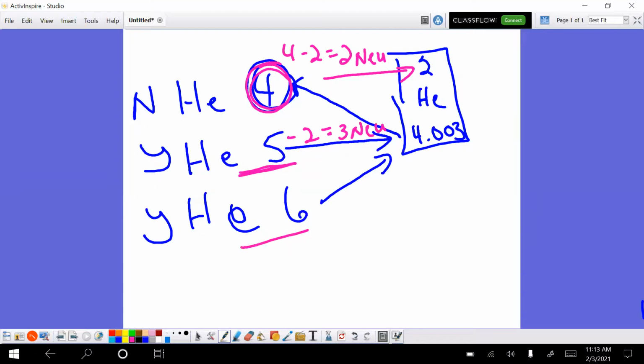And on this one, atomic mass of 6, again, minus 2 equals 4 neutrons. Does that clear that up anymore? Yeah. Okay. Would you like me to go over another example for you? No, I think I got it.